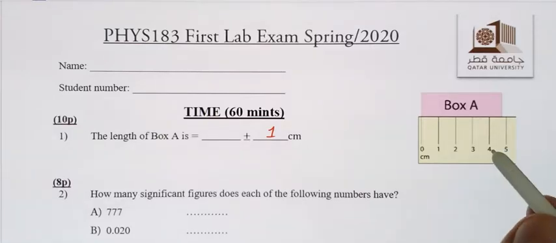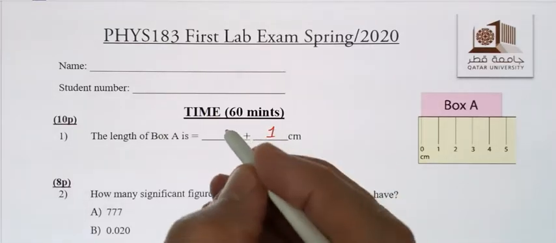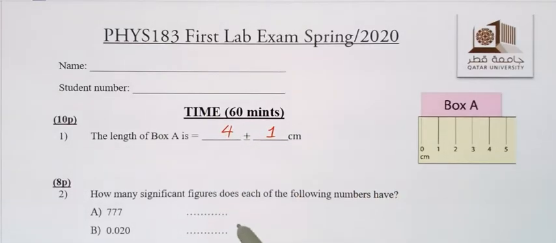If I put 4, it's correct, or if I put 5, it's also correct. However, in the exam, you need to choose an answer. You cannot put 4 and 5; you have to put either of them. 4.8 or 4.7 is wrong because it has accuracy more than the error.